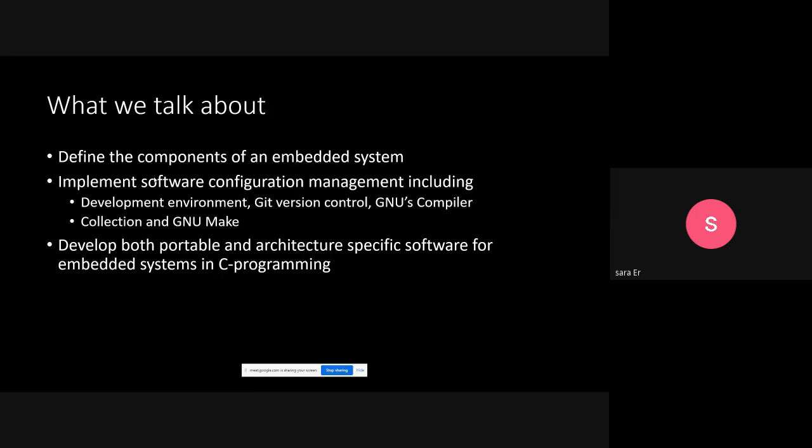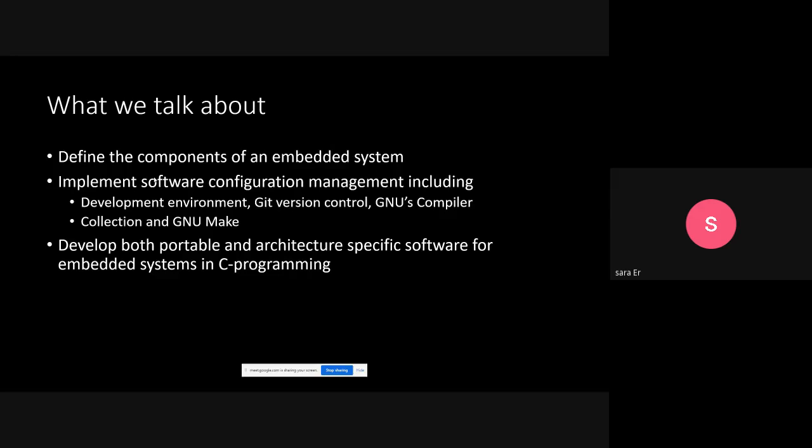Here we want to define the different components of an embedded system and try to introduce Git version control and the GNU compiler, and try to write portable software that could be run on the architecture of an embedded system.